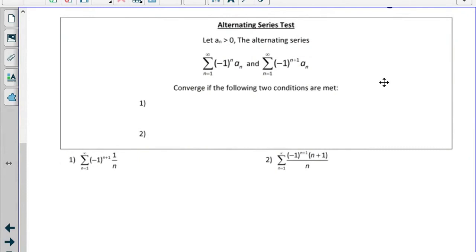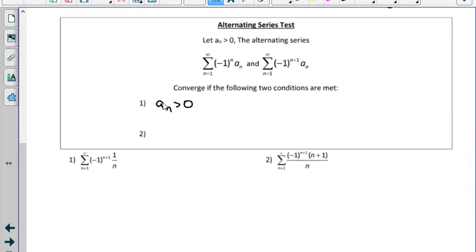Test number 2 that we're going to talk about, the alternating series test. We're going to let a sub n be greater than 0, then the alternating series, the sum from n equals 1 to infinity of negative 1 to the n times a sub n, and the same thing with n plus 1. It doesn't really matter whether the first or second terms are positive or negative, as long as the terms alternate between positive and negative, then we have convergence if the following two conditions are met.